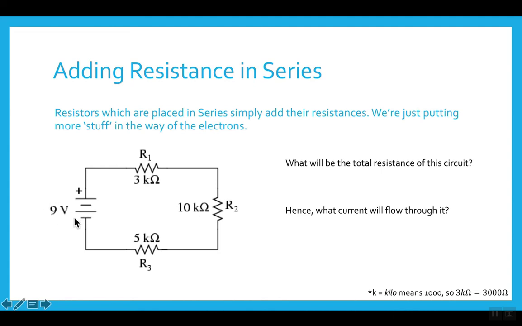Our total voltage is 9, so we can find the current by doing 9 divided by 18,000, because kilo ohms, a kilo is 1,000 ohms. So we get 5 times 10 to the negative 4 amps, which we can represent if we want as 0.5 milliamps. A milli is 1,000th of an amp, just like a milliliter is 1,000th of a litre.